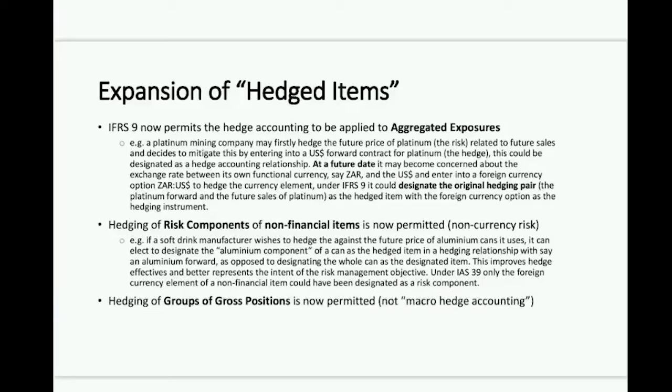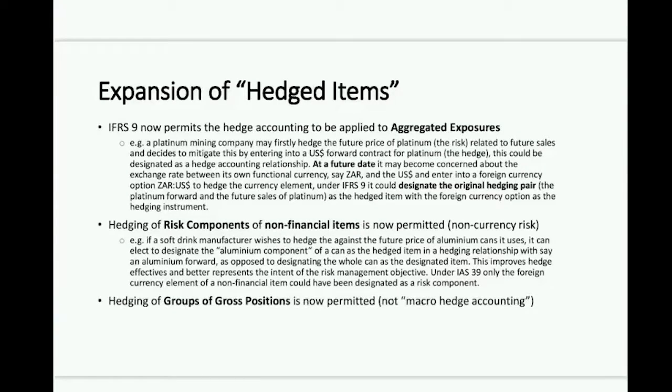Now, there's no problem with this. It could easily be designated as a hedge accounting relationship because you've got an instrument that mitigates the primary risk that has been identified.